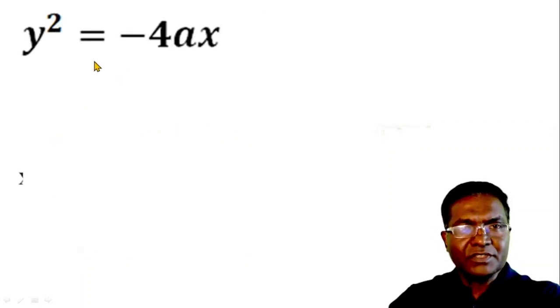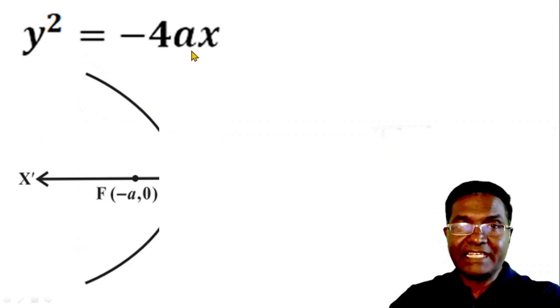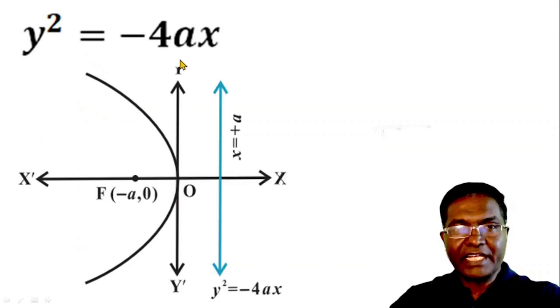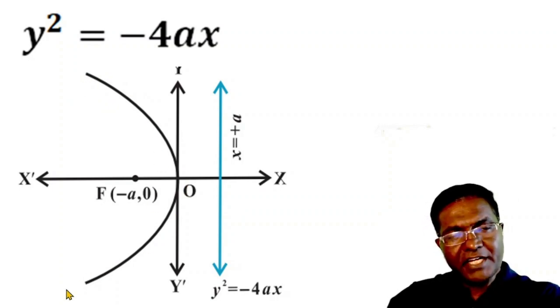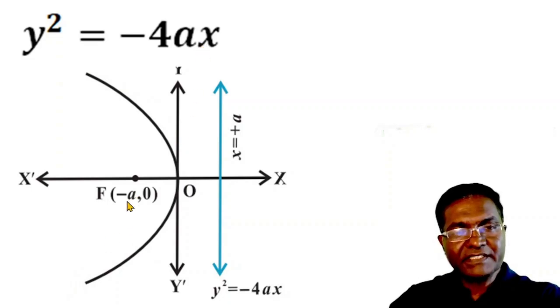So for y square equals minus 4ax, you will get a graph in this form. It is bending towards the negative x-axis, meaning its focus is (minus a, 0). Its directrix is to the right of the origin, that is x equals plus a. So this is the directrix and this is the focus.